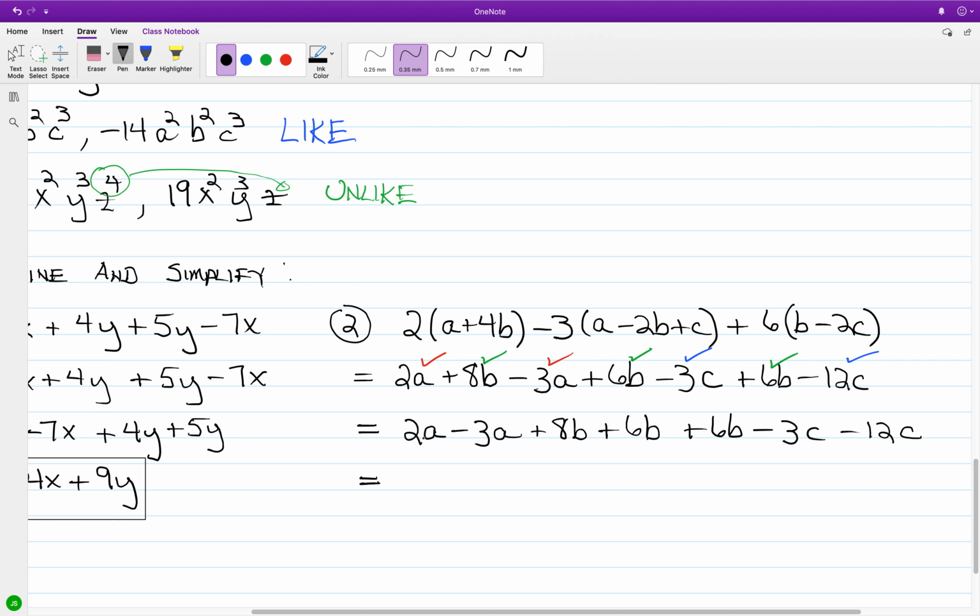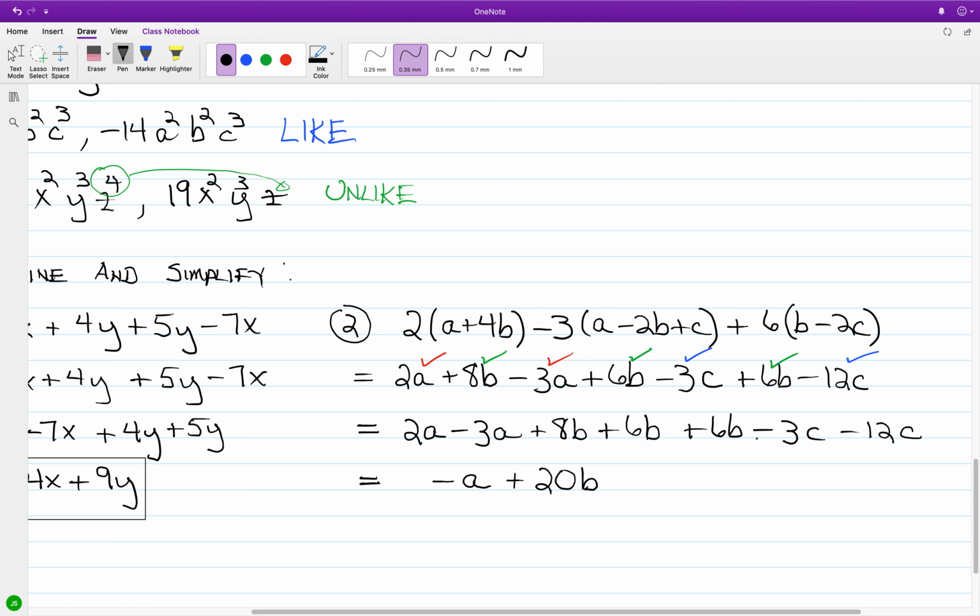And for what we have in the variable a, we have 2a minus 3a. So this will become negative a. 8b plus 6b comes out to 14b. And we have plus another 6b. Not just 14b, but 20b.